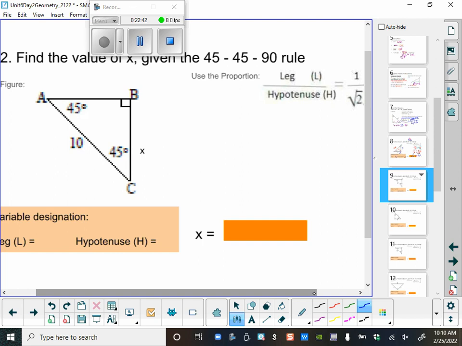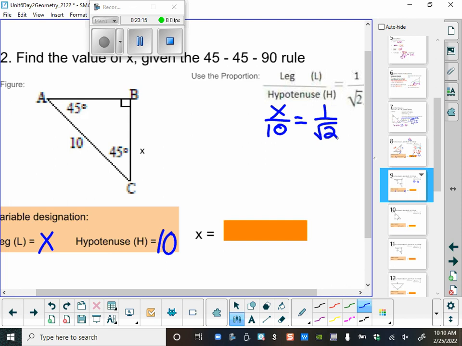All right. So we have x is the leg. Now hypotenuse 10. So we had, somebody said x over 10, 1 over square root of 2. Okay. All right, that's fine. Now, what do we do next?